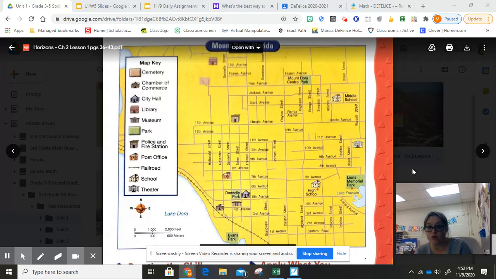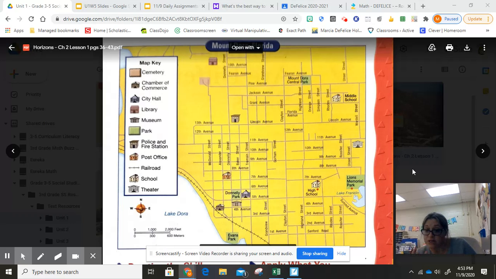Now, Lions Memorial Park is to the east, right? If you look at that compass rose, Lions Memorial Park is to the east of the high school. So if we were to take a piece of paper, hold it up to our screen, make a little mark where the high school is, and make a little mark where Lions Memorial Park is, it's pretty much about the same distance that they're showing us there on that scale.